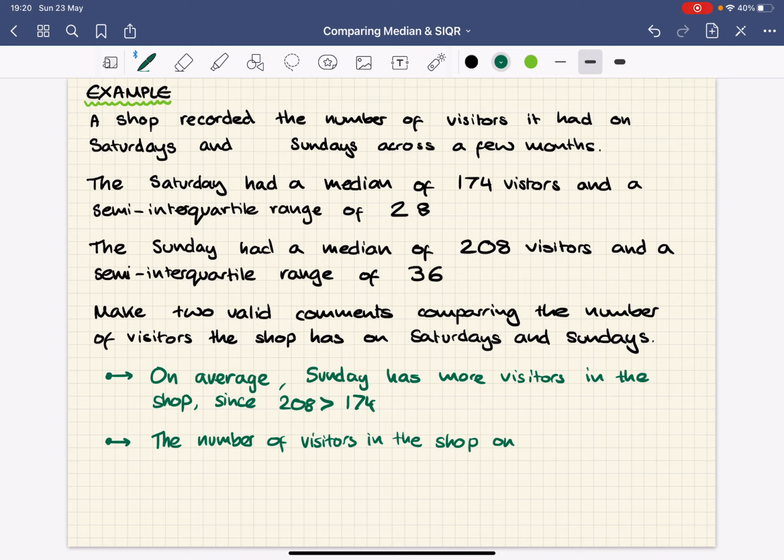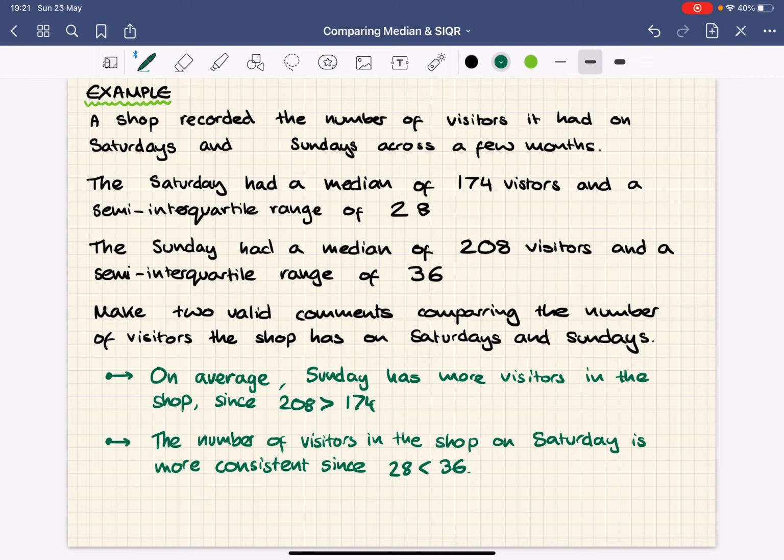So the number of visitors in the shop on Saturday is more consistent since 28 is less than 36. So here I use the word consistent rather than talking about consistency instead, just because how I like to structure the sentence, I thought it might be a little bit easier.